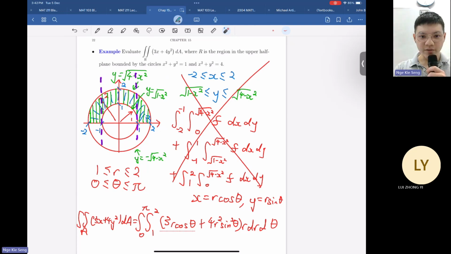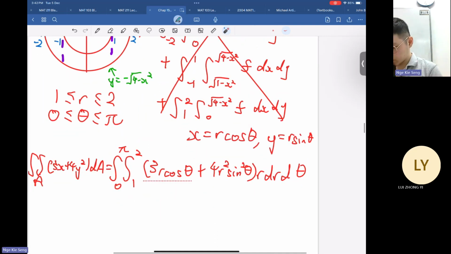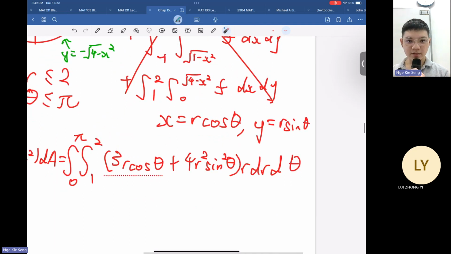Do you want to try and compute this integral here? It shouldn't be hard. Try and do it. Let's do it.